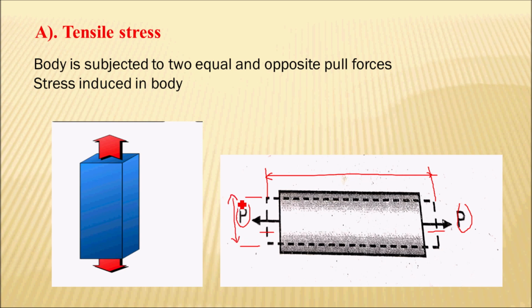So in tensile stress there is an increase in length of the body and the cross-sectional area will decrease. Tensile stress is sigma, which is load applied per unit cross-sectional area of that body.